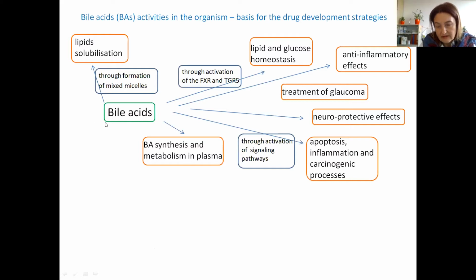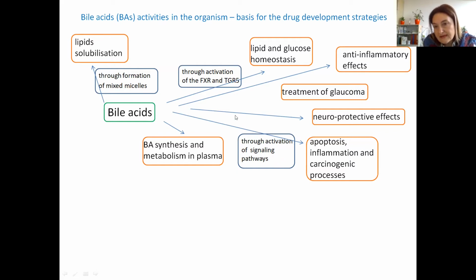Bile acids have many different activities in the organism. First of all, and the best known, is lipid solubilization during digestion through formation of mixed micelles. Bile acids are also involved in lipid and glucose homeostasis through activation of the farnesoid X receptor and membrane receptor TGR5. They are involved in regulation of bile acid synthesis and metabolism in plasma, and in apoptosis, inflammation, and carcinogenesis through activation of signaling pathways.